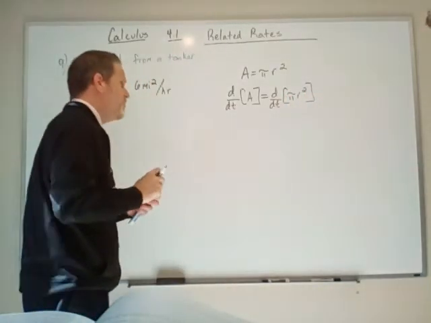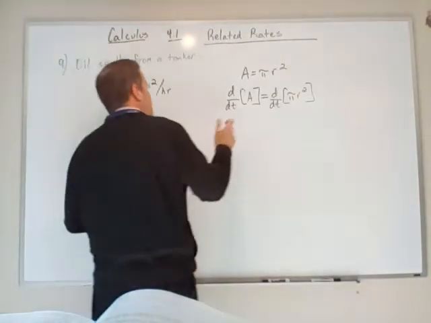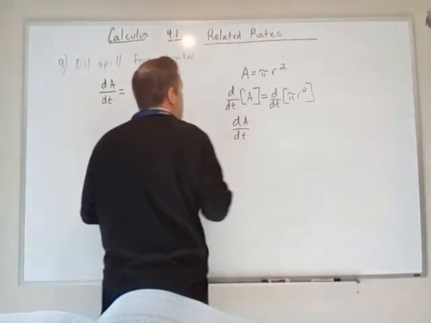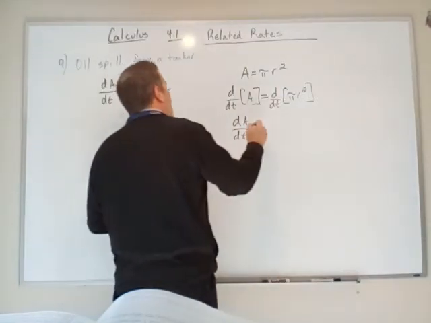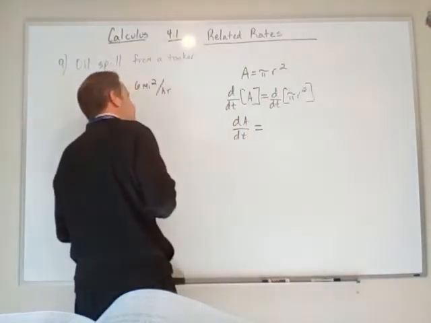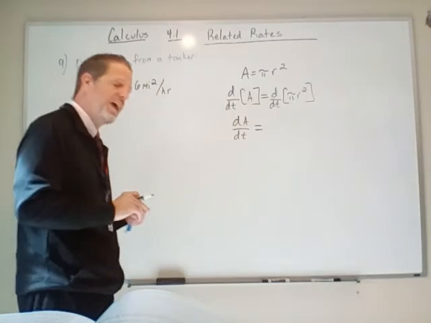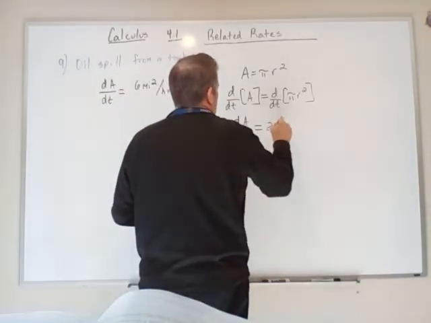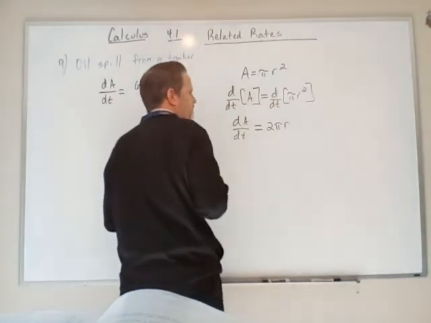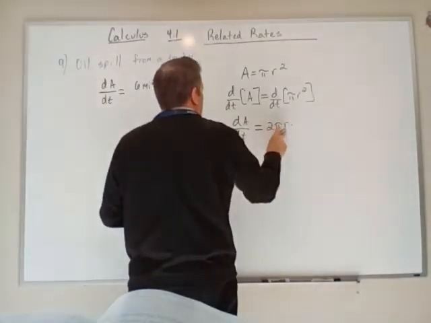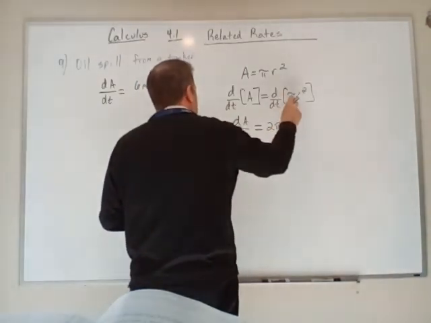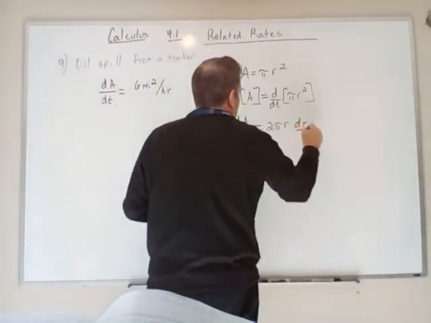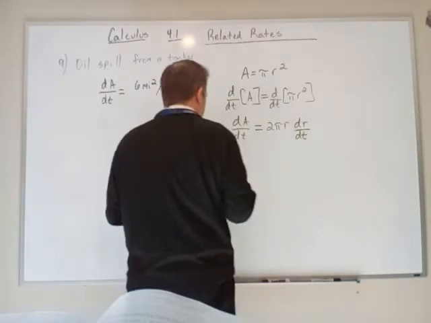The left side is just dA/dt. On the right side, remember, pi is acting as a coefficient in front of r squared. It's a real number value. So the derivative is 2 pi r, which should sound familiar, but I need it with respect to time, so I've got dr/dt.